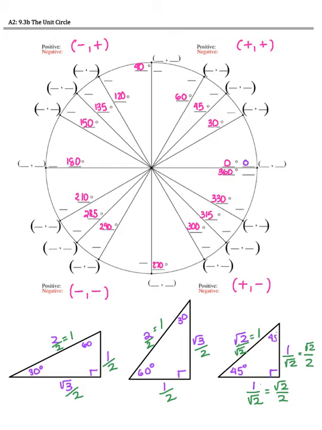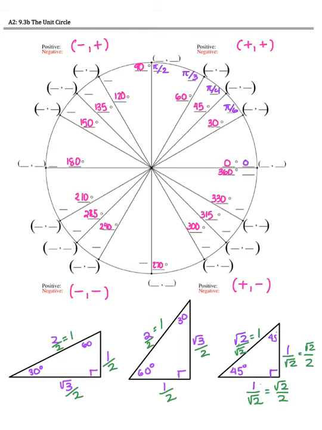30 is 180 divided by 6, so this will be pi over 6. And this will be pi over 4 because it's 180 divided by 45. So that's 45 times 4 is 180. This will be pi over 3 because 180 divided by 3 is 60. 180 in half is 90, so that's pi over 2.